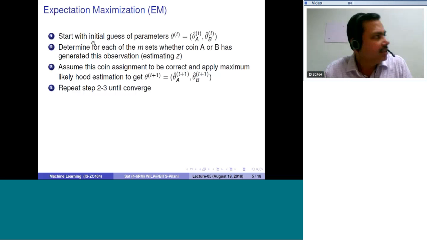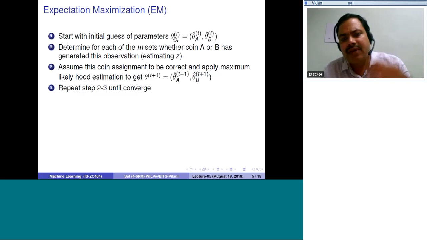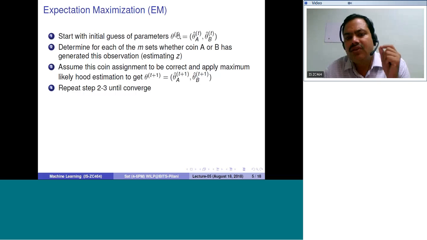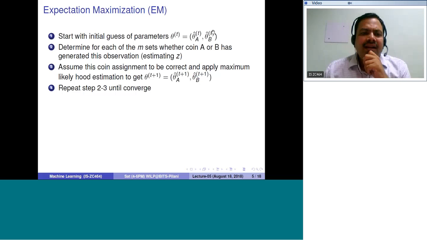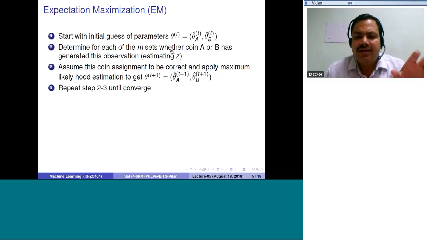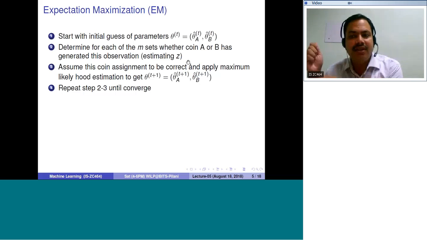So the framework is this: you initially guess something, theta t at the time t. Initially time is 0, so theta at time 0 is your guess of the probability of head for A and the probability of head for B. You randomly choose some value, and then determine for each of the items which coin has the higher probability of producing it, because we know the parameters.